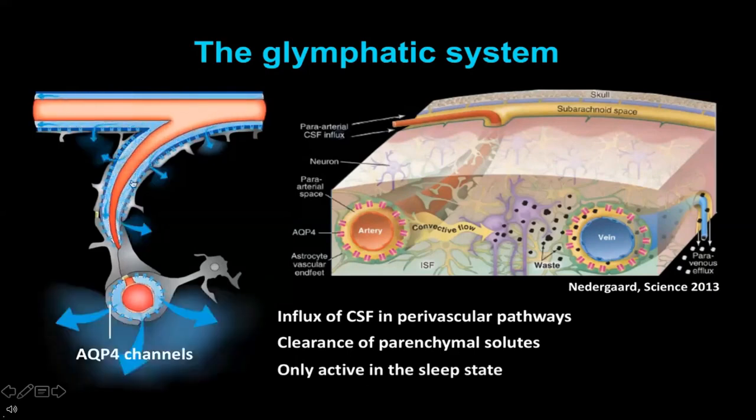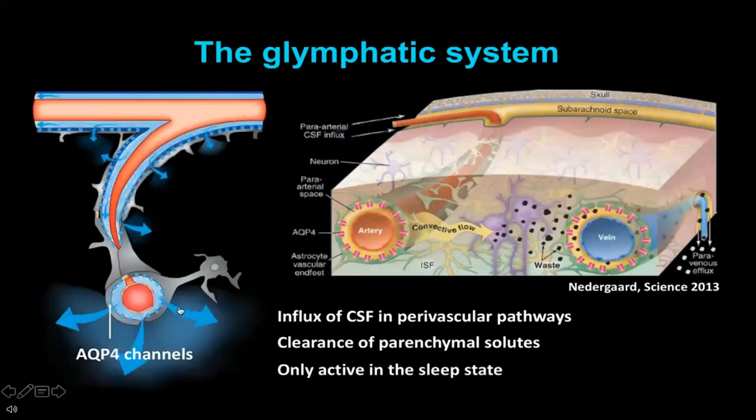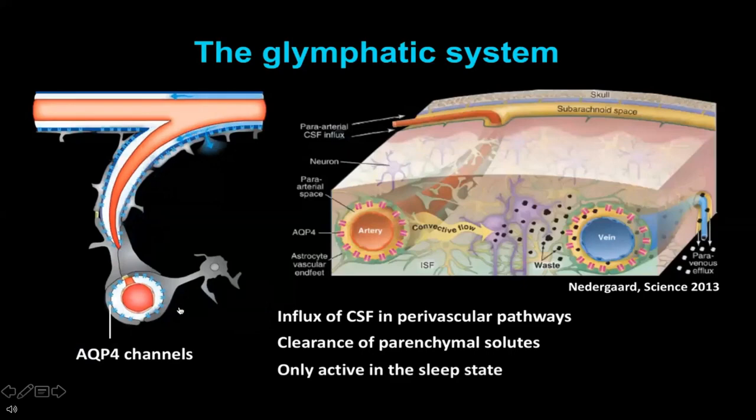You also see here that these arteries are surrounded by astrocytes. And we know now that the AQP4 channels expressed in the astrocytes are vital for the distribution of CSF from the CSF spaces to the brain parenchyma.